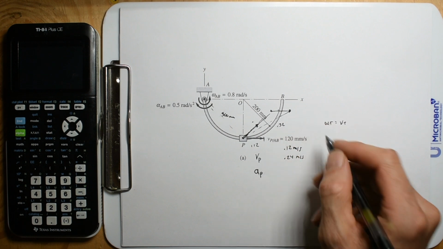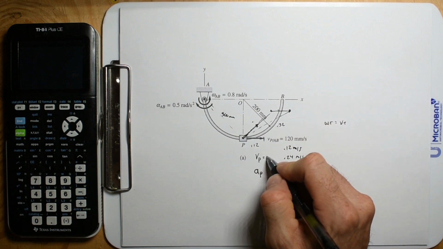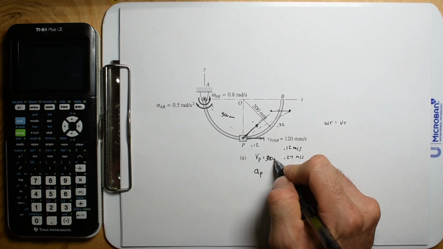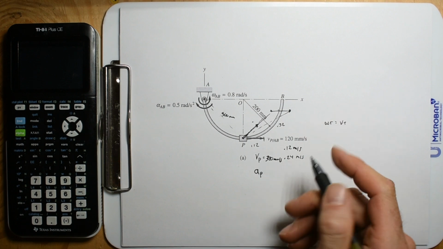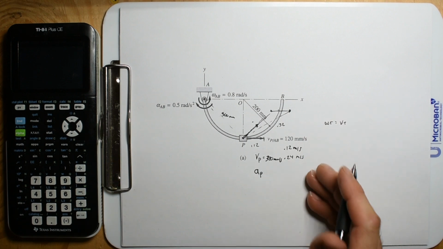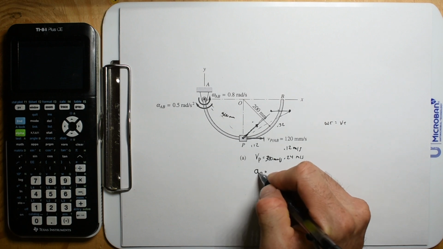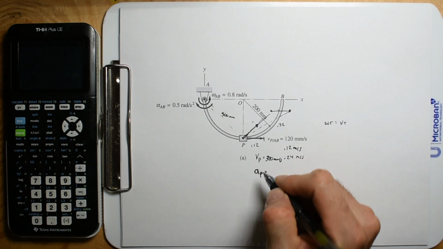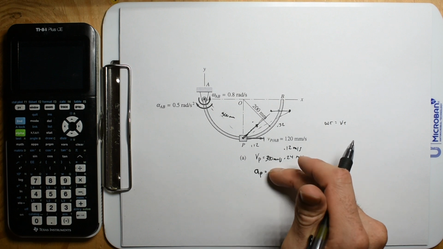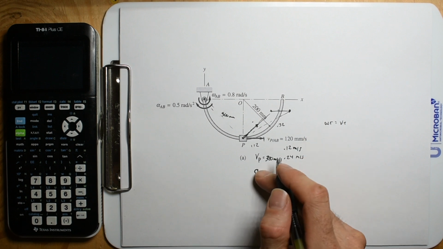So I'm just going to guess an average velocity of 320 millimeters per second. That's just a guess. It gets you in the ballpark. Who cares, right? And then the angular acceleration, maybe I don't know how to guess that. So let's hold off on this one.